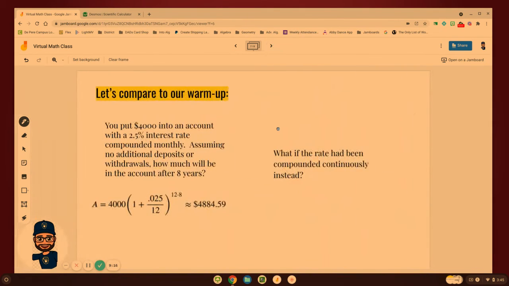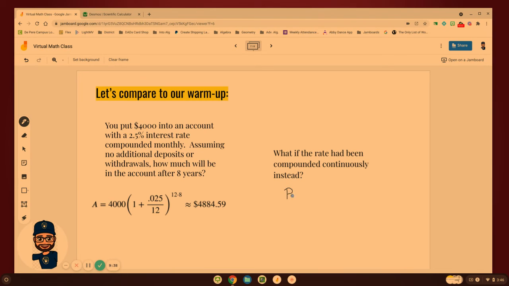For example, if we compare to our warm-up, we had $4,000 in an account with a 2.5% interest rate compounded monthly. So we used 12 for 8 years. What would happen if we compounded continuously?